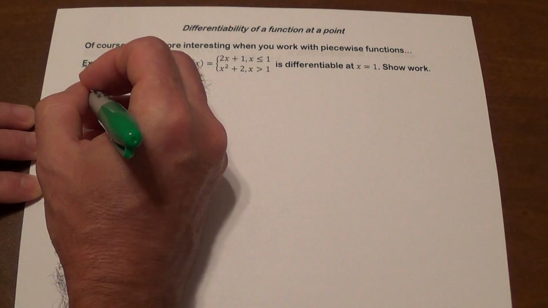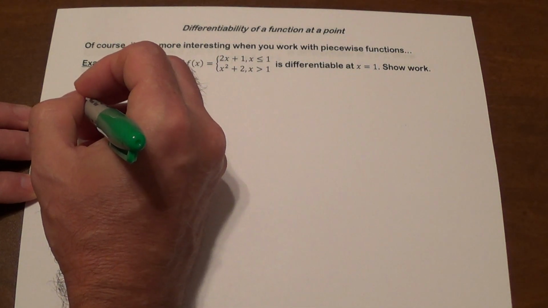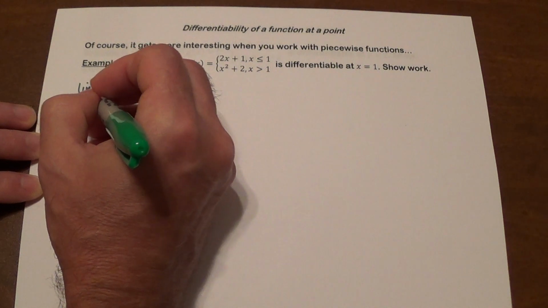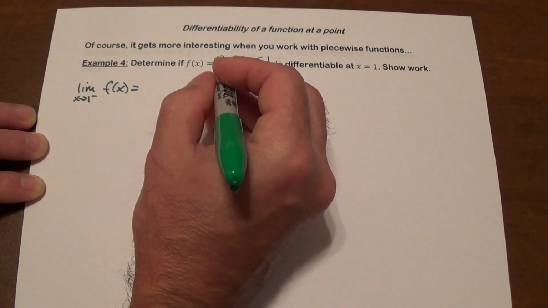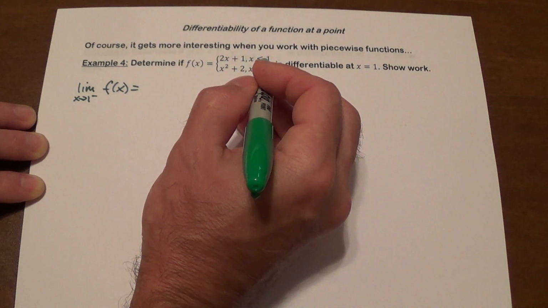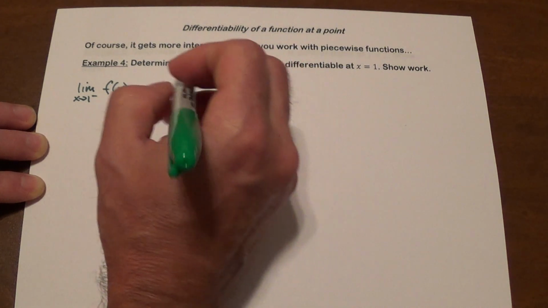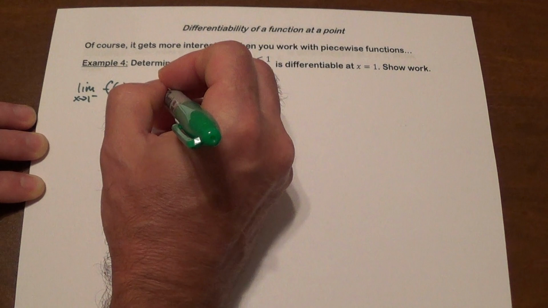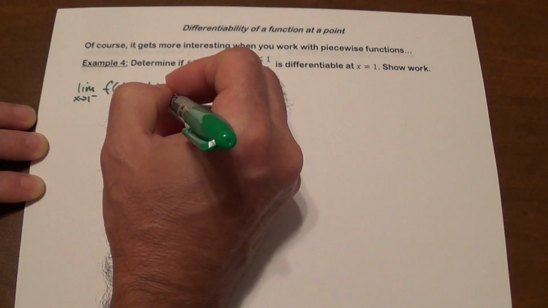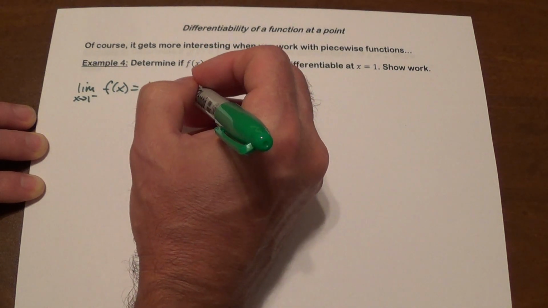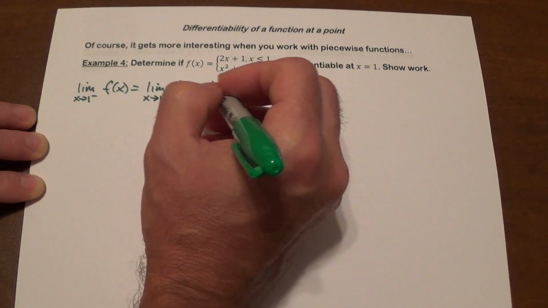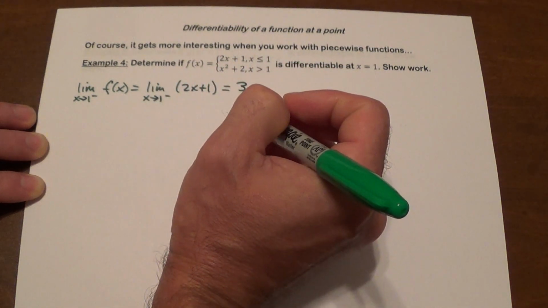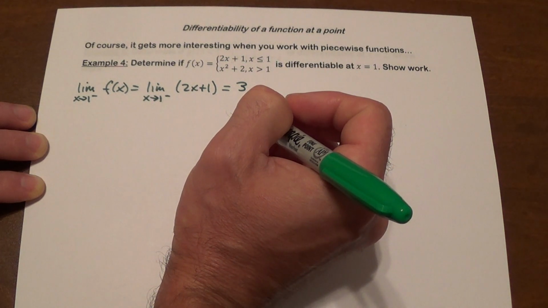So for that we're going to need to do the limit as x approaches 1 from the left of f of x, which is basically, this is where it's less than 1, so this is the left side, which is going to be the limit as x approaches 1 from the left of 2x plus 1, which is going to give us 3. Right?